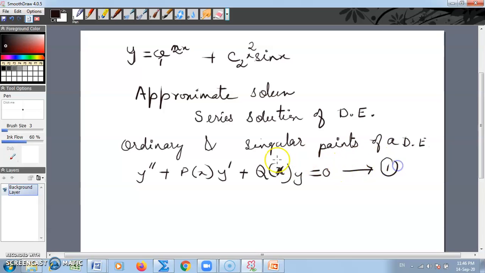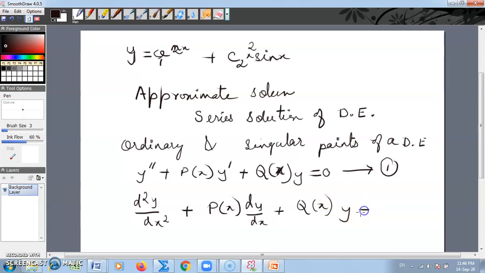Obviously, this is a differential equation of the form d2y dx squared plus px, what is px? It is some function of x, dy by dx, plus qx, another different function of x, into y is equal to 0. So this is a very common type of equation, and I'm just taking this as an example.